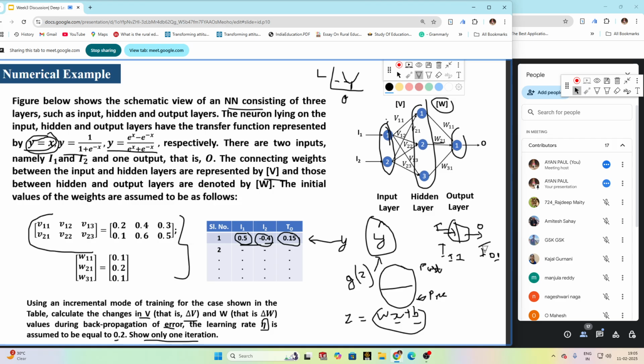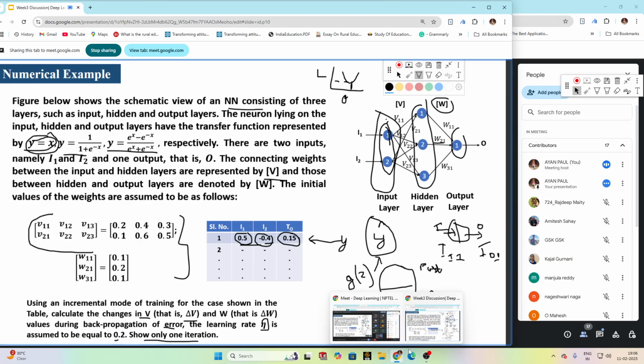So IO1 will be equal to I1, that is 0.5, and IO2 will be equal to I2, that is minus 0.4. Is it clear for the first layer? Clear, right? Any doubt about what I just told? Should I repeat?